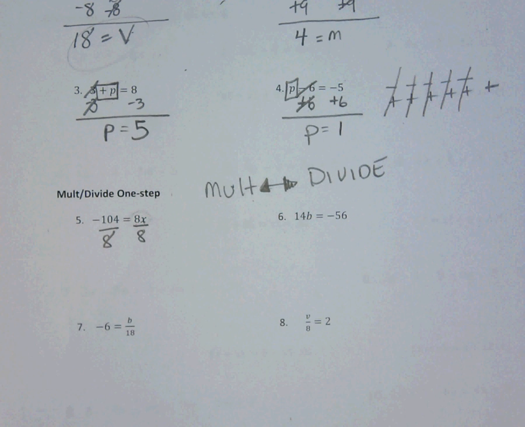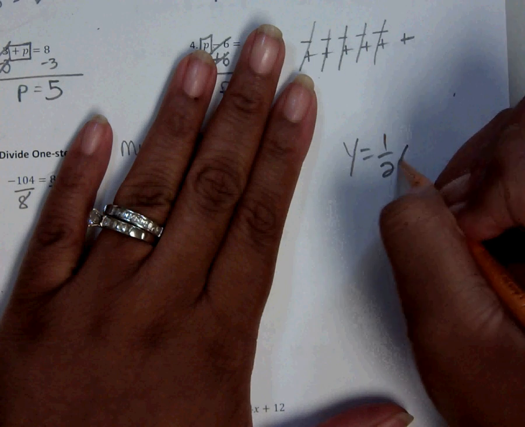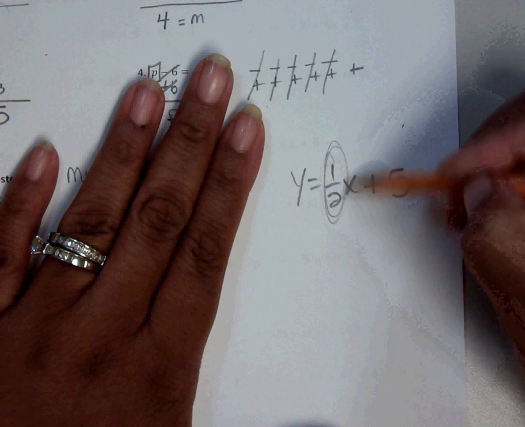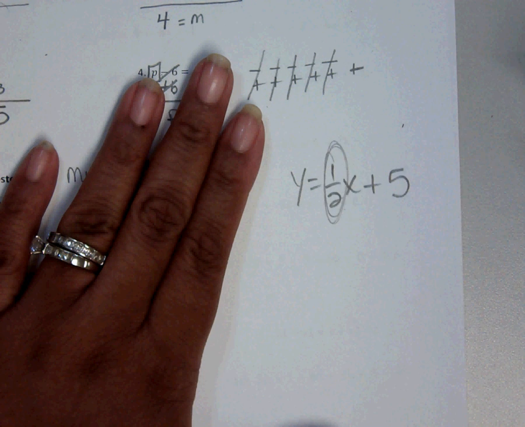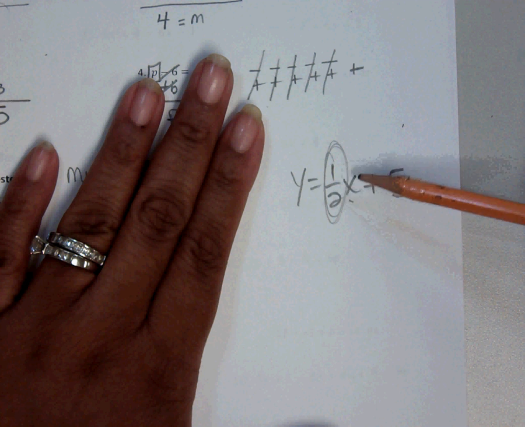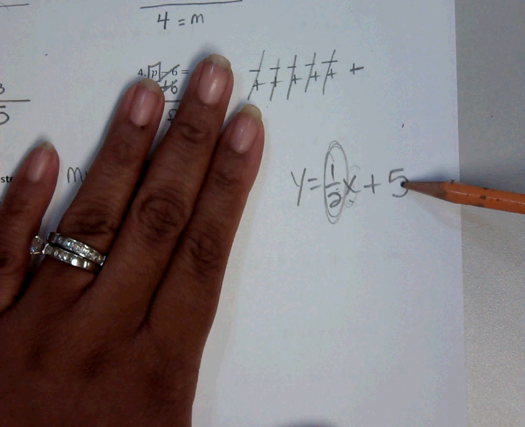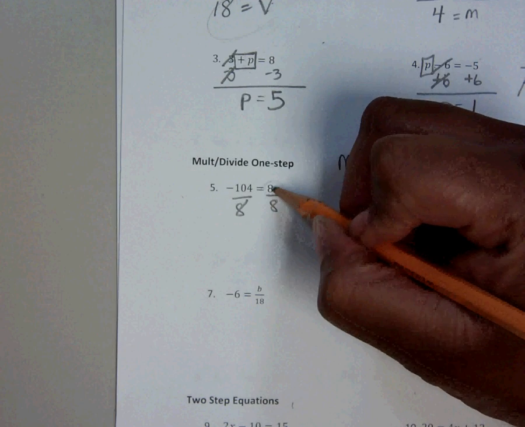If you think about it, it kind of reminds you of slope, doesn't it? Because when we have an equation like this, the slope is the number in front of x. And that's multiplied. Remember, input, output, put a number in here, multiply to that, add it to 5, and out came the y. Same difference. This is multiplication.